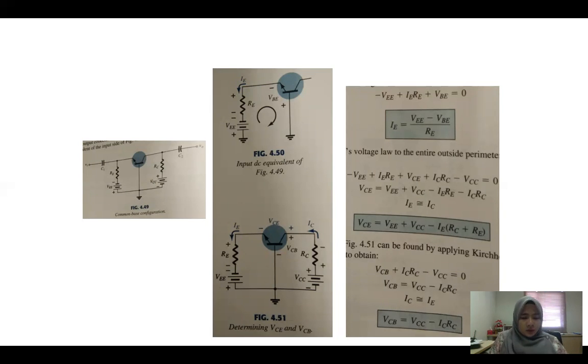Okay, so over here, this is analysis based on the common base configuration. For example, look at here, you have this circuit. This is the common base because the base is connected to the ground. For the circuit analysis of a transistor, you will use a lot of KVL, Kirchhoff voltage law, which you already learned in chapter 2.